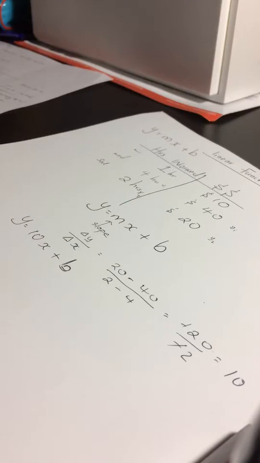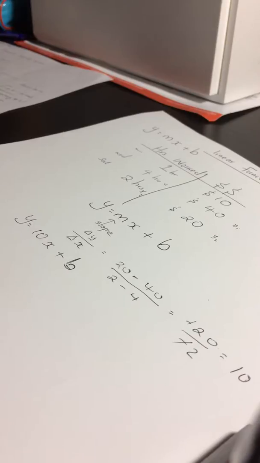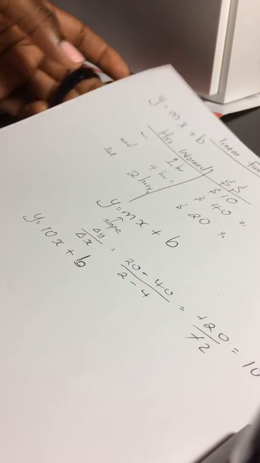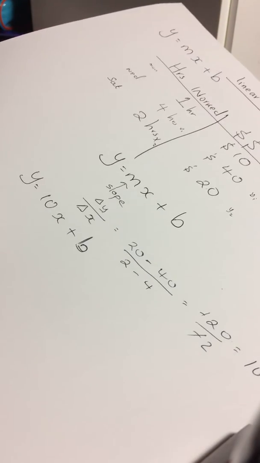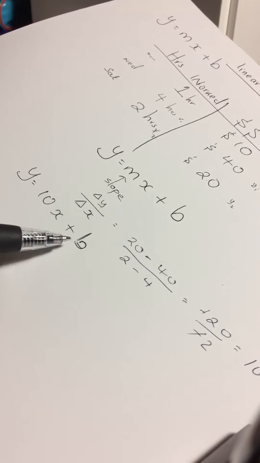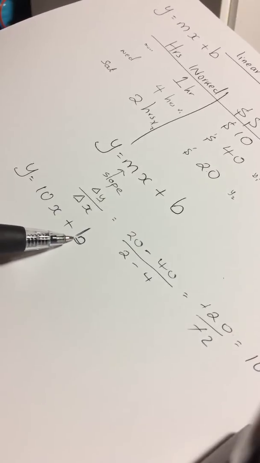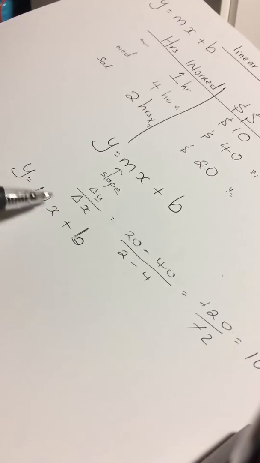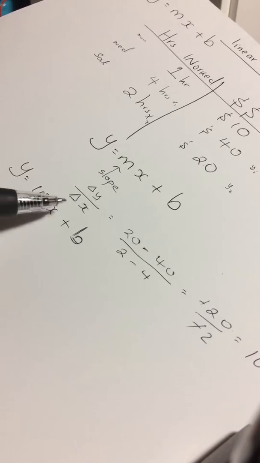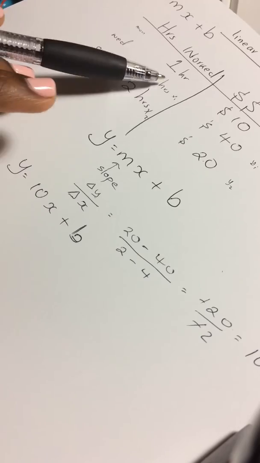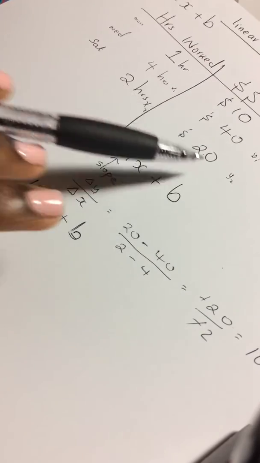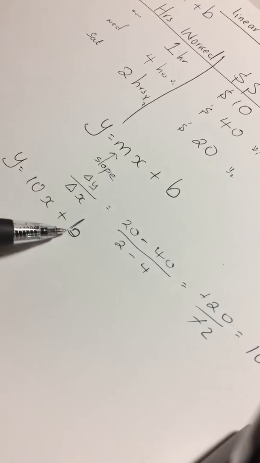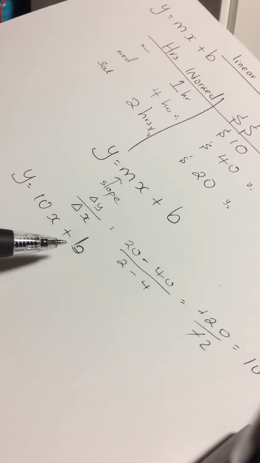Awesome. After getting our rate of change, we still have something that's not finished here, this b part. How do we find b? Well, just choose any pair from our table here. We can choose 1 and 10, or 4 and 40, or 2 and 20. Plug it in for the y and for the x, and we isolate for b, and that will enable us to find what b is.